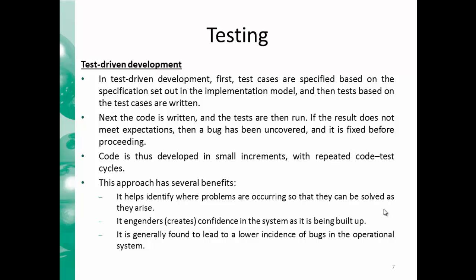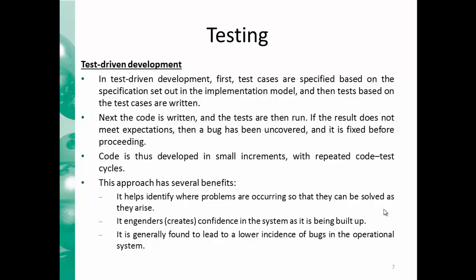If the result doesn't meet the expectations, then we know that a bug has been uncovered and that bug needs to be fixed. In this way, code is developed in small increments.